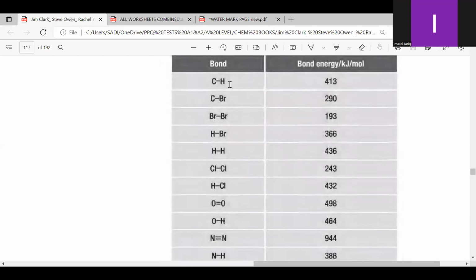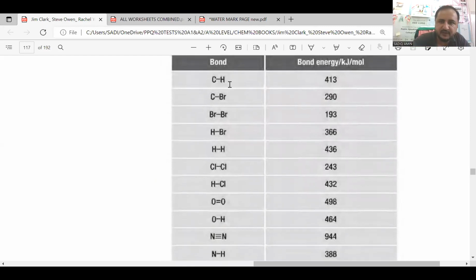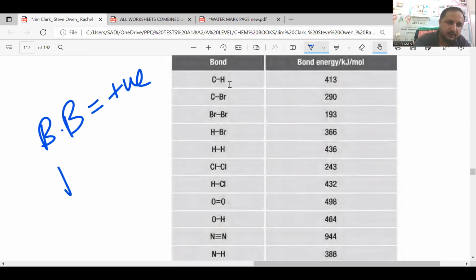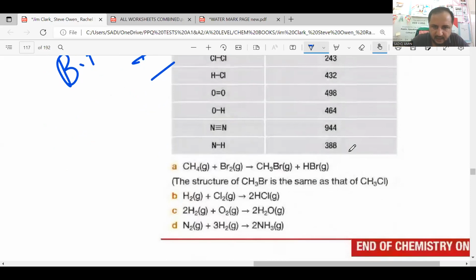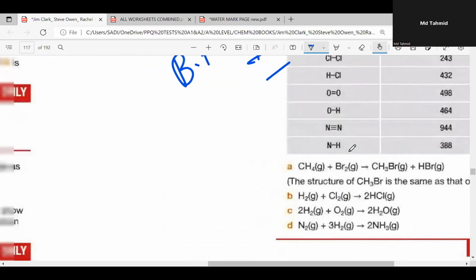So bond breaking, keep always in your mind, is always positive and bond formation is always negative. In other words, this one is endo and the lower one is exo, right? Are we clear with this part?